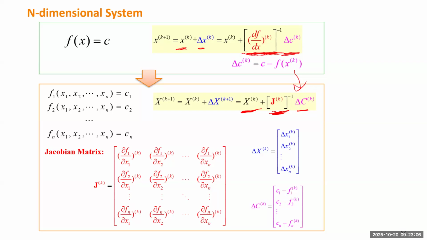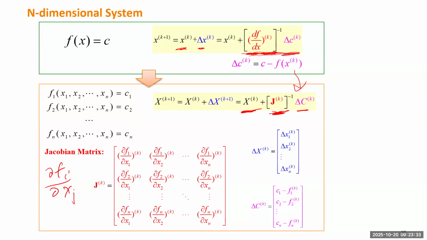Each element, like at the ith row and jth column, is actually the partial Fi over partial Xj. Fi is the ith nonlinear function.